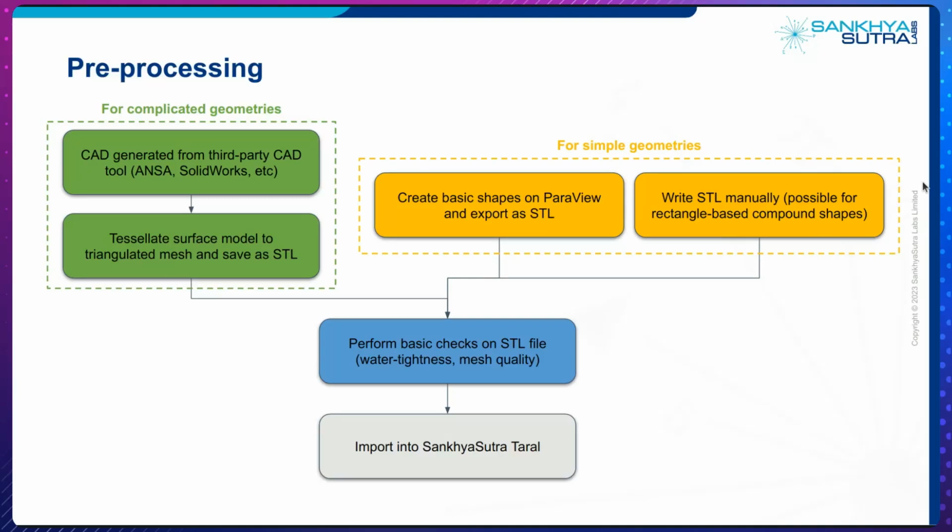To generate this STL, you can use any third-party CAD software, generate your solid model and then convert it into an STL, or you can use something like ParaView and create basic shapes and export those as STL. What you could also do if you're adventurous is write the STL manually and then import this into the solver.